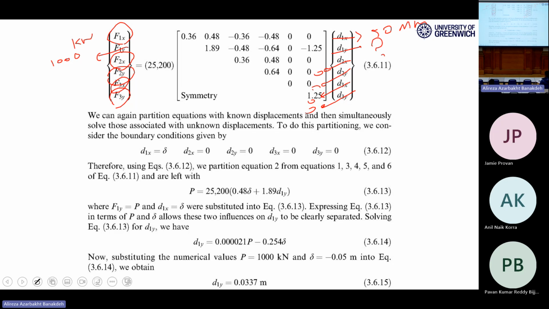What is the second equation? The second equation is f1y equal to this line multiplied by this column, isn't it? What does it mean?